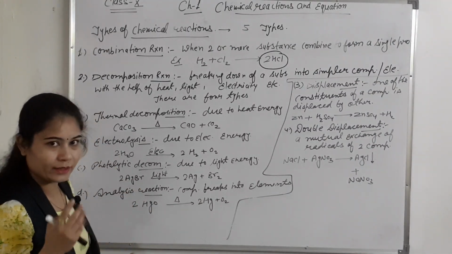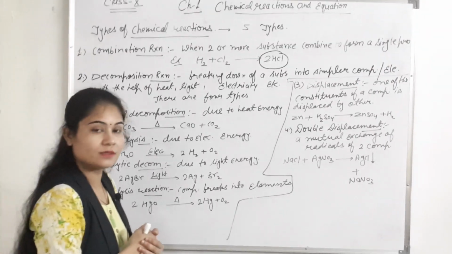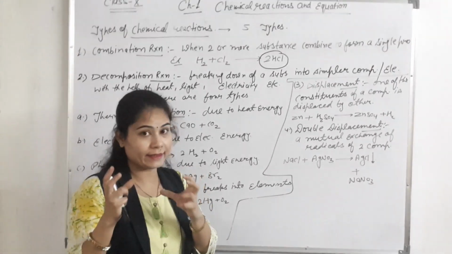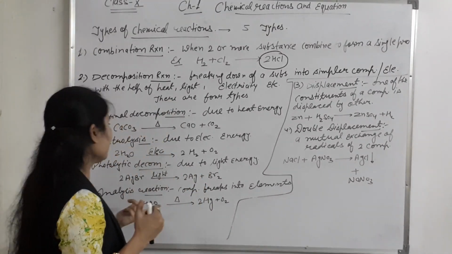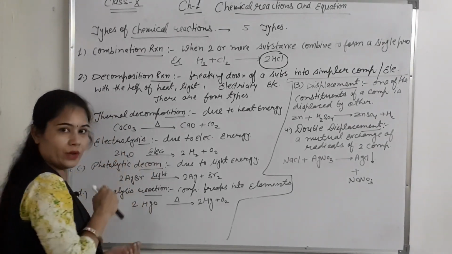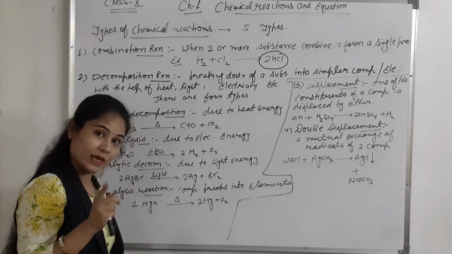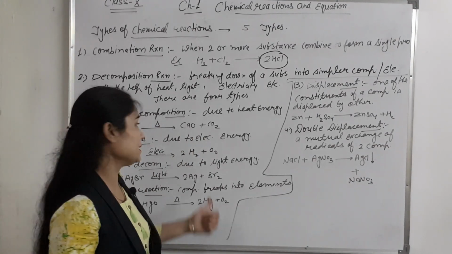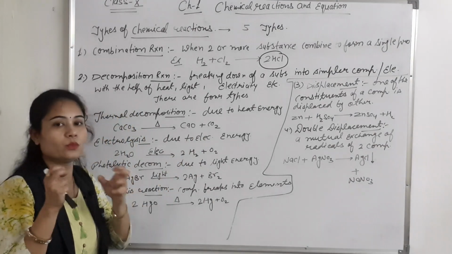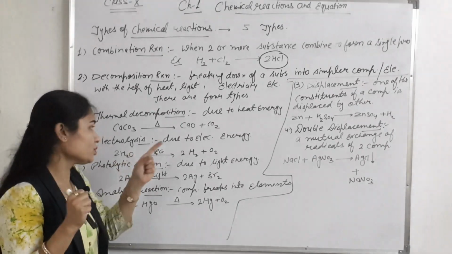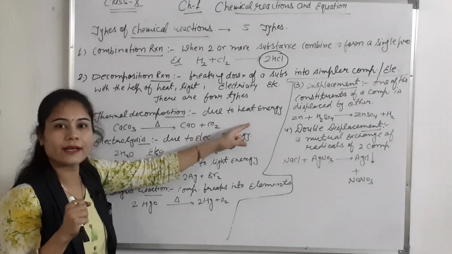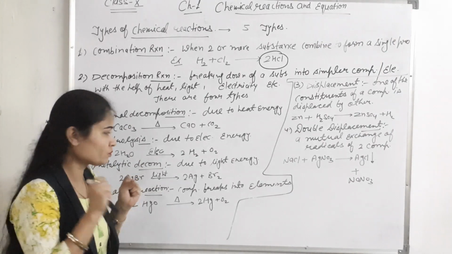Next is electrolysis. The word is related to electric. What is the meaning of electric over here? Due to electric energy. Again we have the word energy, but this energy is related to electric, so this differs from the heat energy.